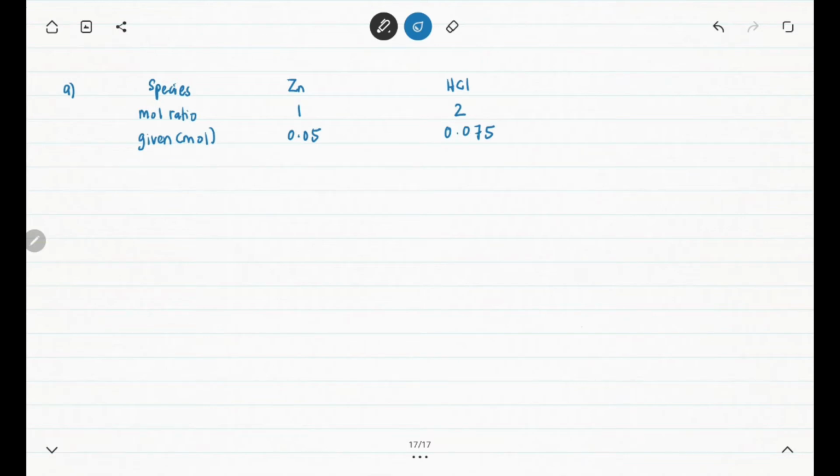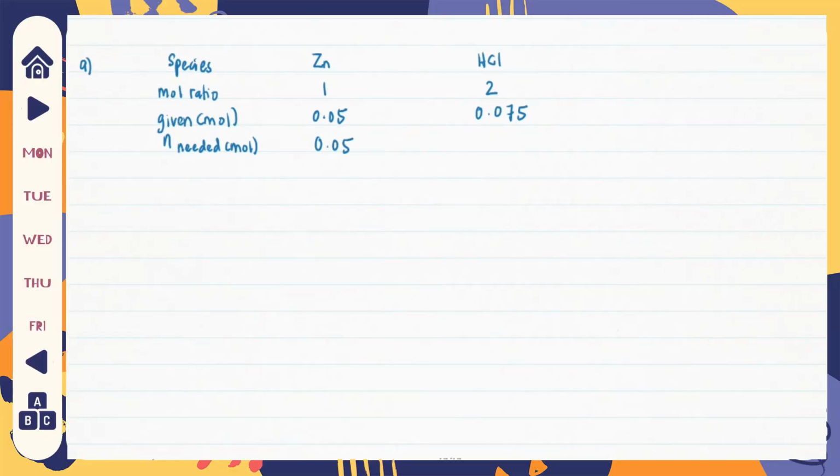Okay, and then how many mole is needed? Mole needed to completely react with 0.05 mole zinc. How many mole of HCl is needed to react with 0.05 mole of zinc? So we will use mole ratio. So mole HCl to mole zinc is equals to 2 over 1.